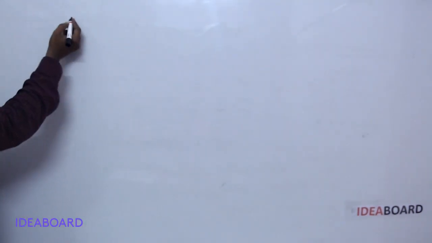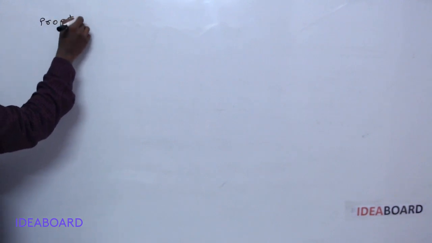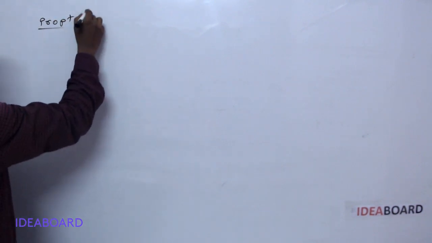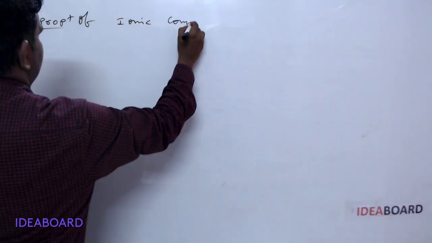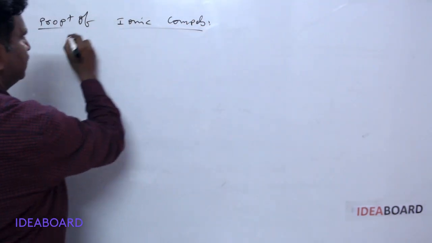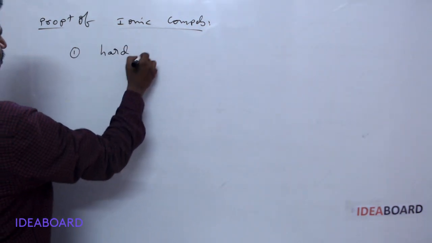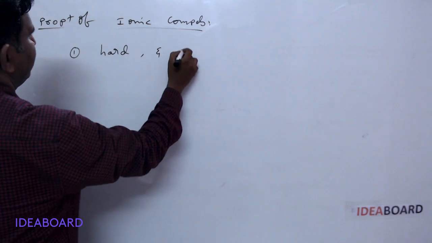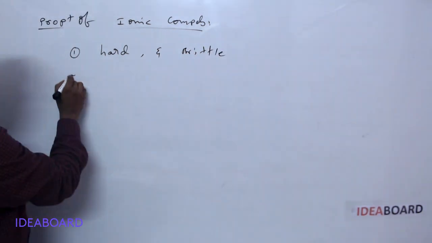Next, properties of ionic compounds. The first property we can say is ionic compounds are hard and brittle.